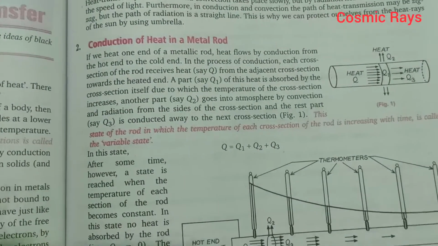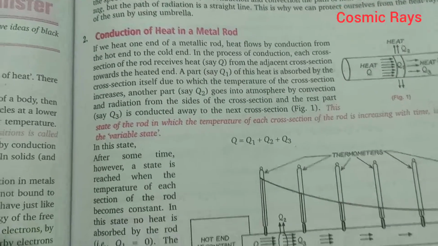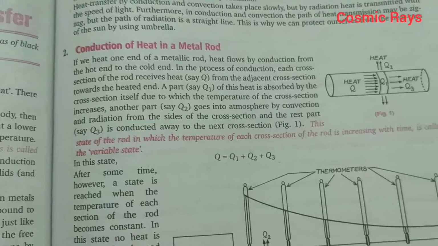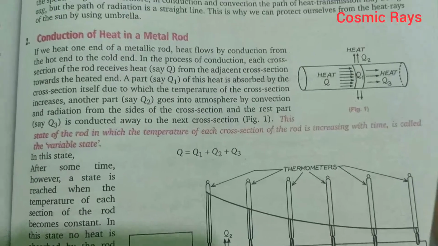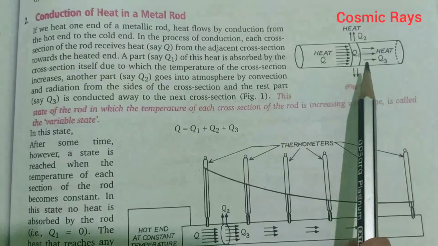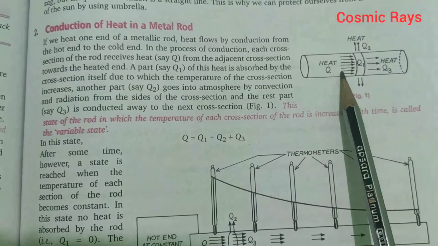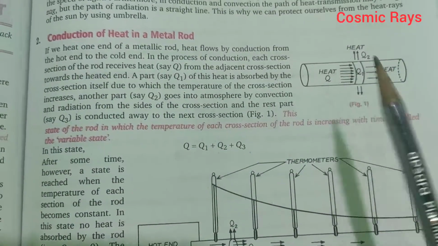Now what happens when a metal rod is heated? So we go to conduction of heat in a metal rod. Now when we heat a metal rod, suppose we assume that Q amount of heat is supplied to the metal rod.